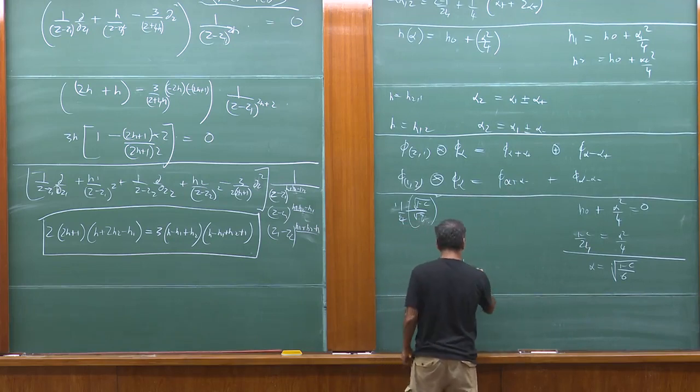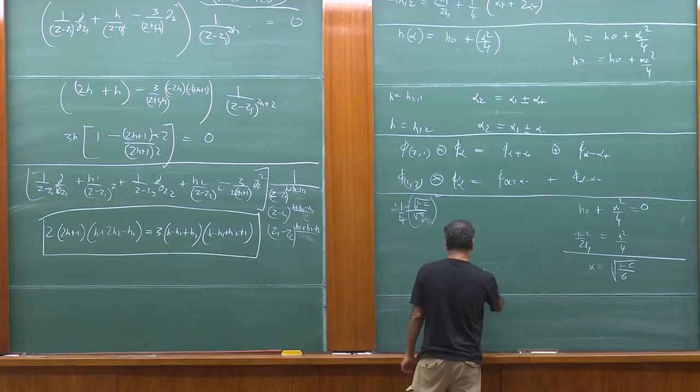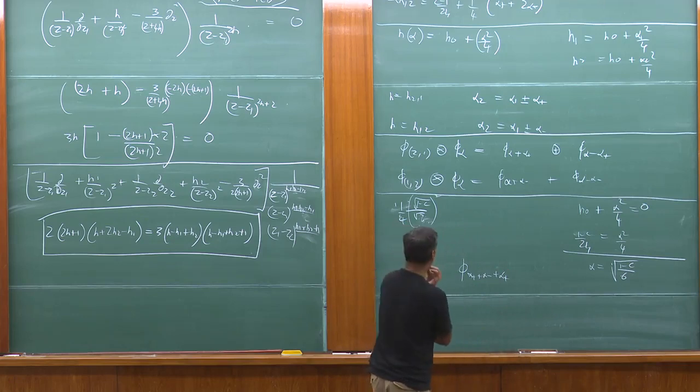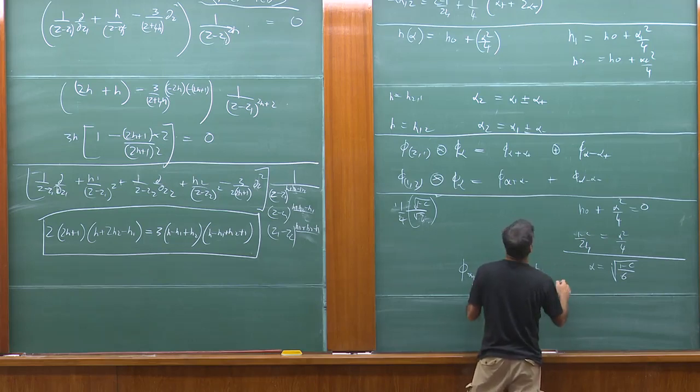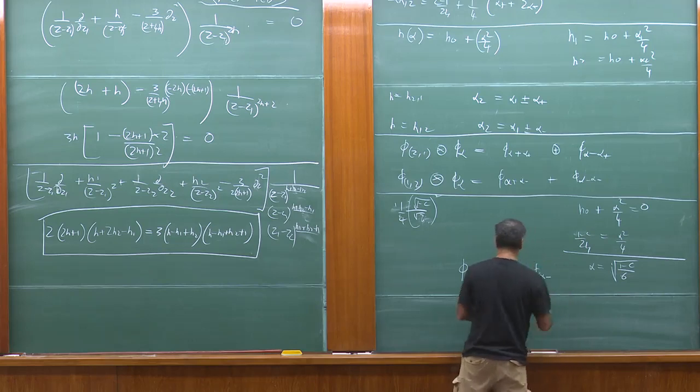We get phi of alpha plus plus alpha minus plus alpha plus, or plus phi of alpha minus.